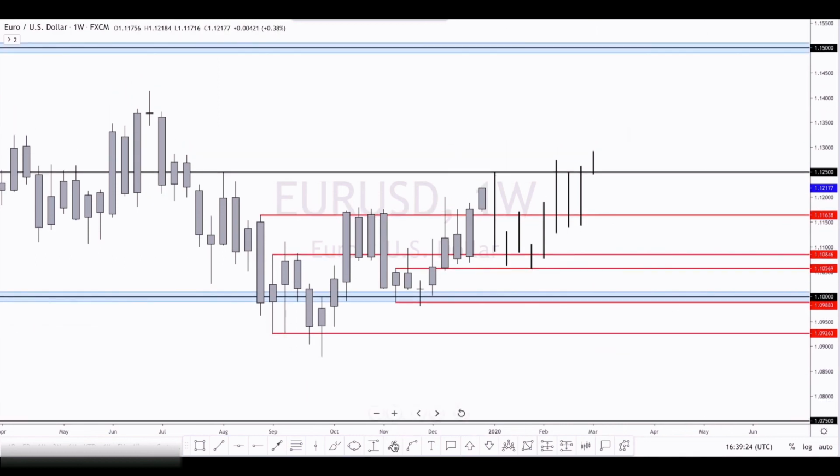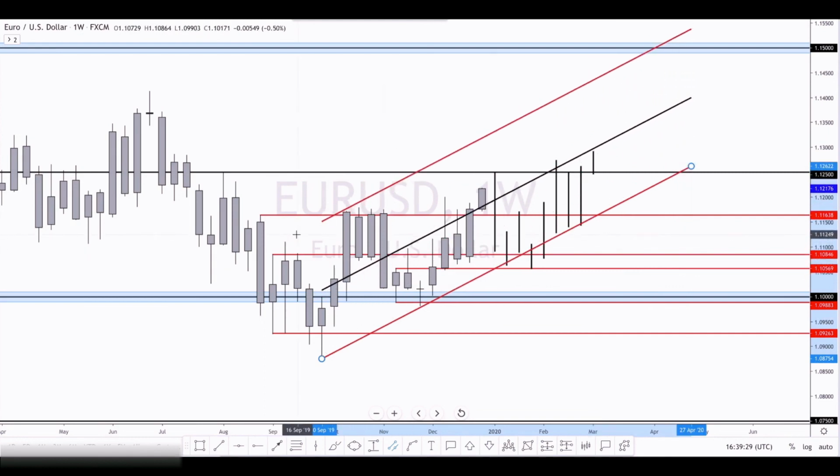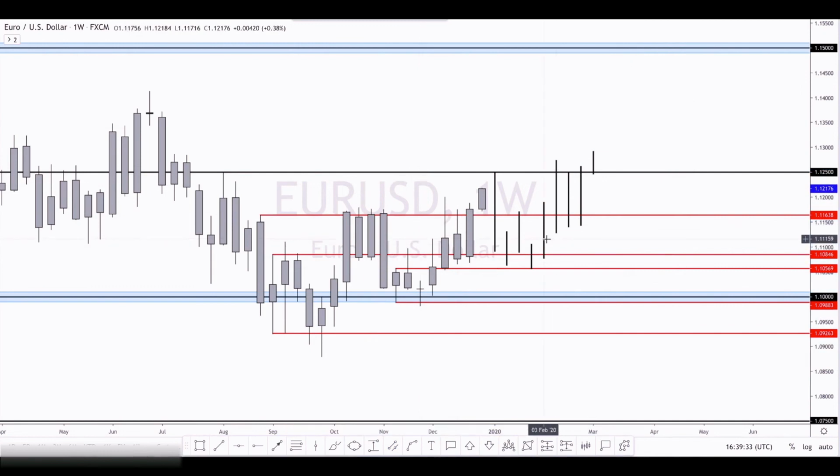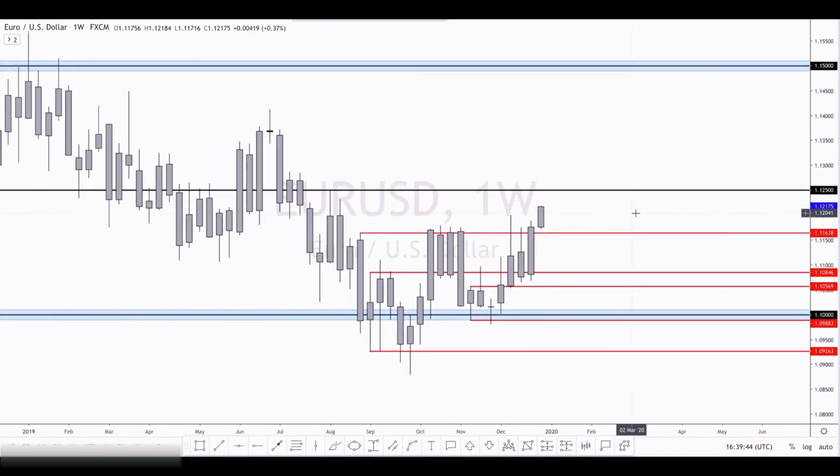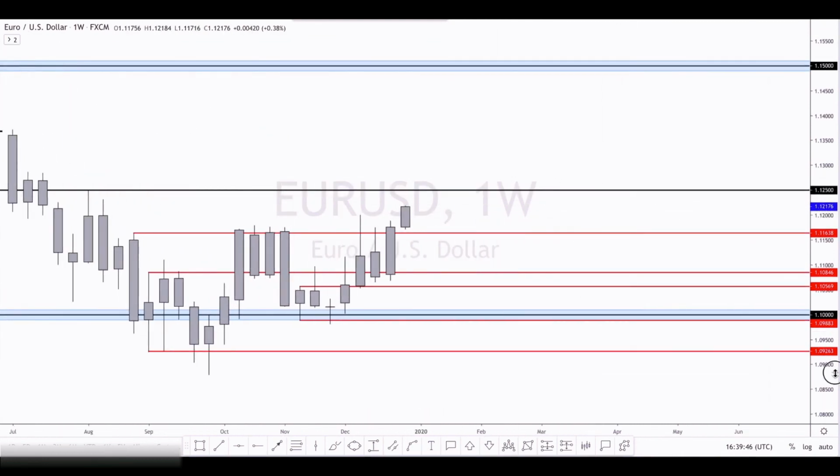In that time, this is what is creating what we call that bullish channel, with the higher highs, higher lows, which again, like I said, we'll get into later on. But right now you can see Euro is showing you it's got willingness to move higher. So the next target you'll be looking at is 1.125.